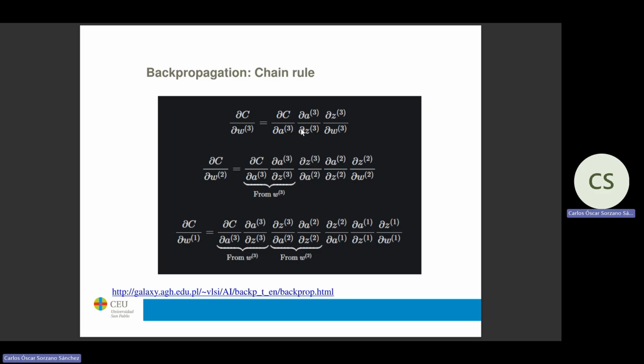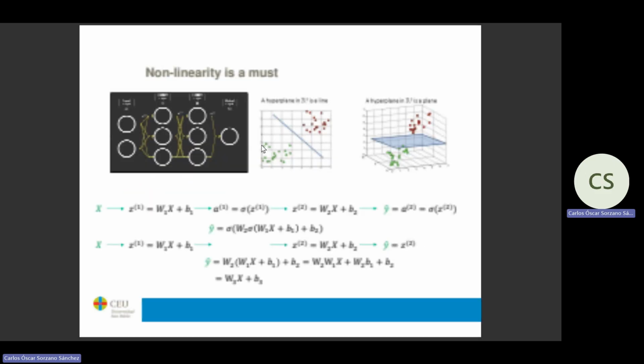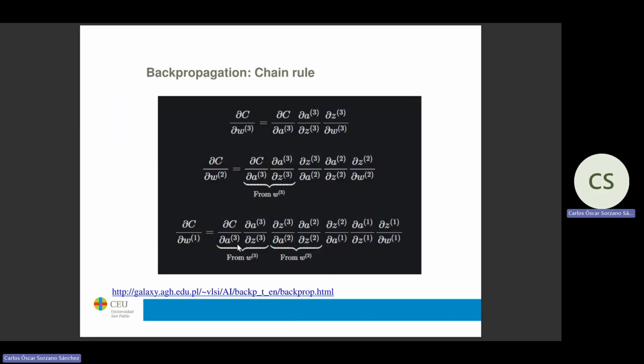So in every layer, what we add is the derivative of the combination in that layer with respect to the activation, activation with respect to the combination, combination with respect to the weights. So here it is the same. Okay, so it is all the time the same, and the terms that go in front of that are terms that already appear in the previous calculation. So somehow these libraries that we discussed before keep track of all these terms that are needed for doing the backpropagation.